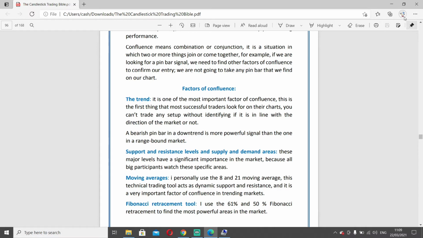Second, support and resistance levels and supply and demand areas. These major levels have a significant importance in the market because all big participants watch these specific areas. And these are the areas on your chart that you should have plotted out on your support and resistance.